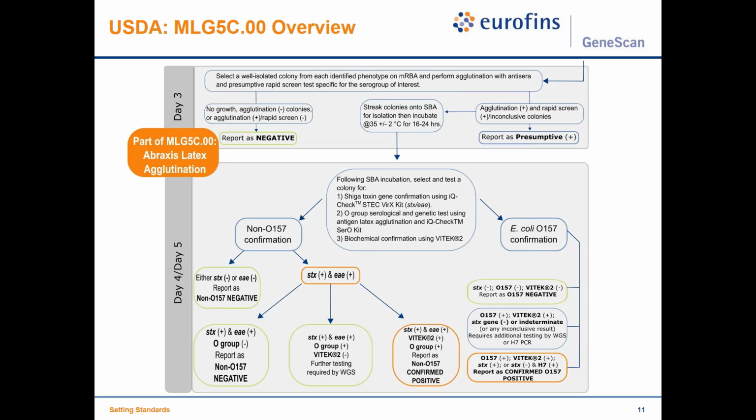Once you have done this, you then go into a further identification. So you will take latex agglutination tests and see if you can see any agglutination with your bacteria in question with the antisera.